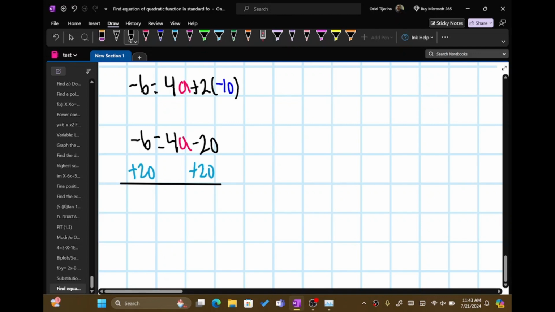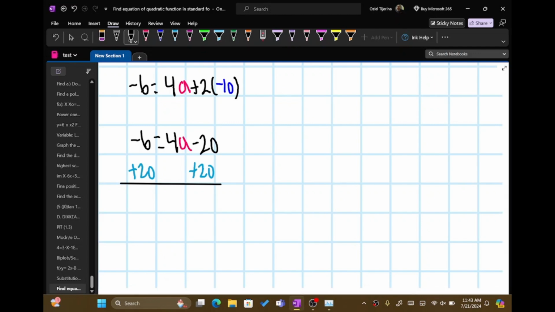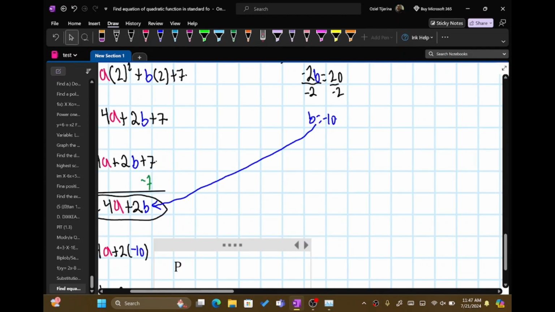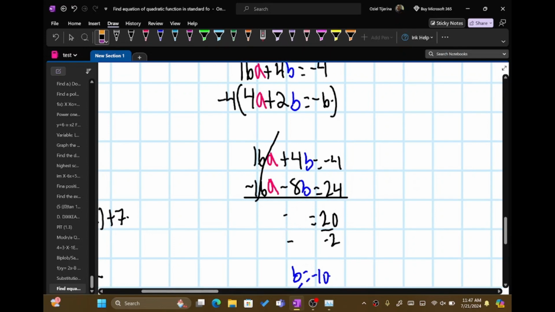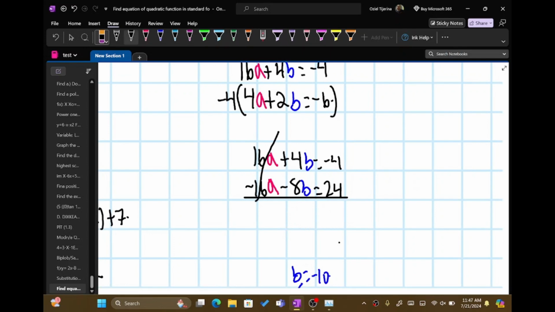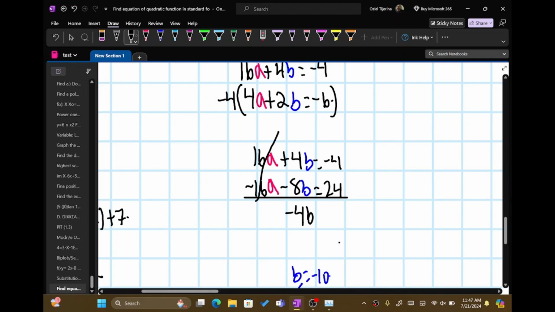14. And actually, hold on, guys. I am so sorry, guys. I made a mistake. This is supposed to be negative 4. I'm sorry. So negative 4b. I apologize for that, guys.